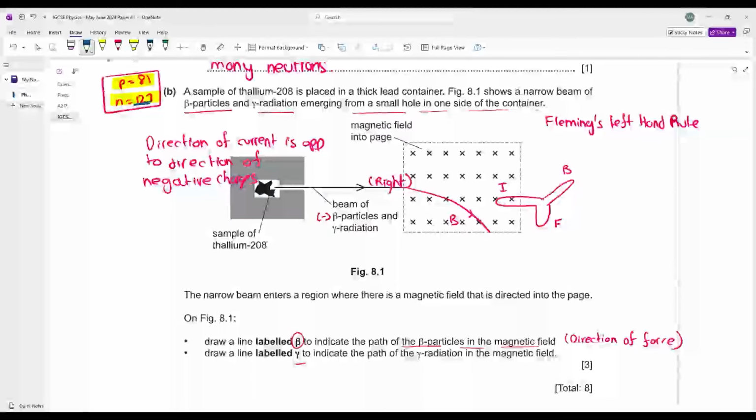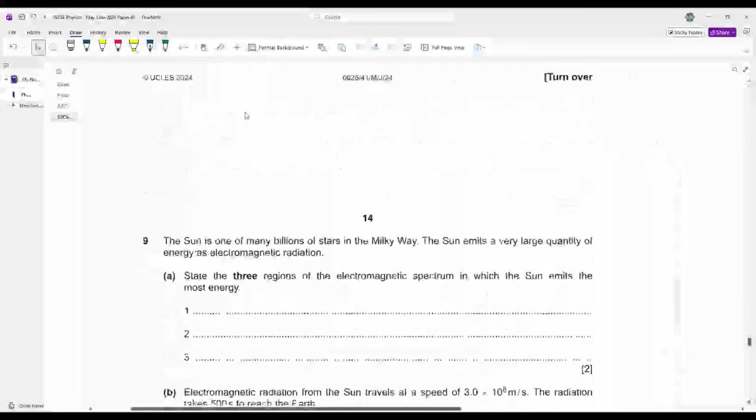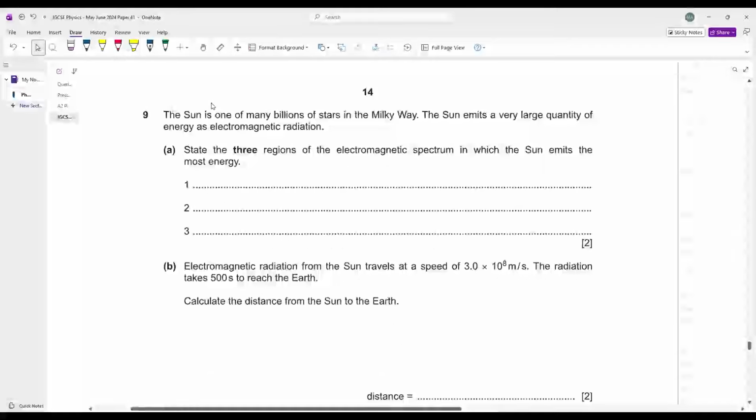How will you draw a line for gamma? Like this. Simple. Gamma is drawn, beta is drawn. Let's further move ahead.